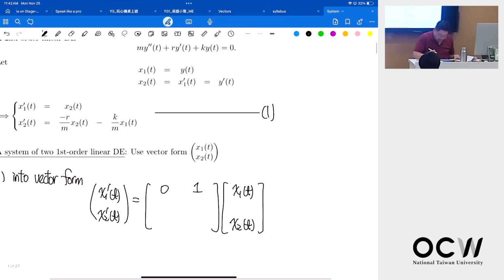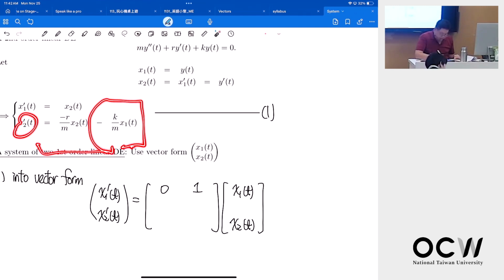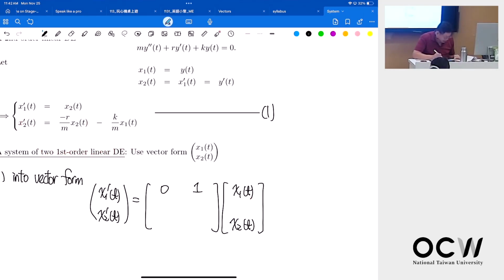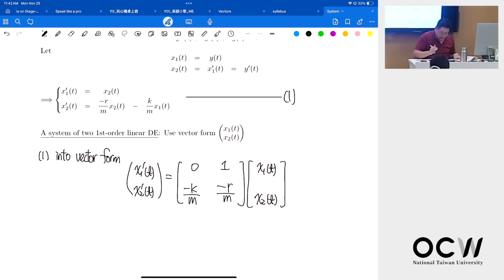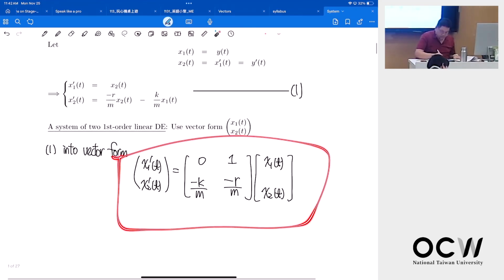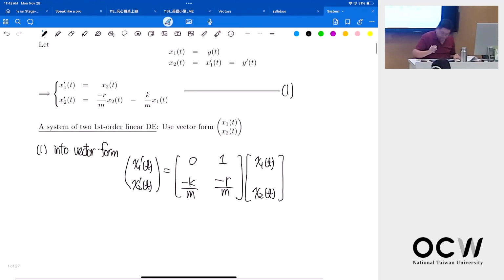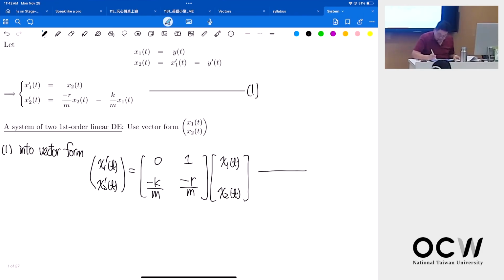And x2 prime equals minus k over m times x1, so here I have minus k over m. The other one is minus r over m. So according to this vector form, let's say this is equation 2.